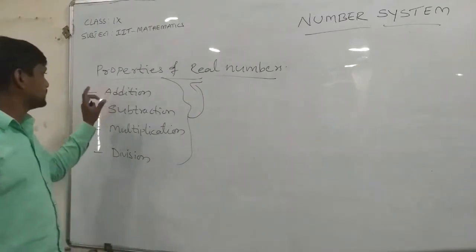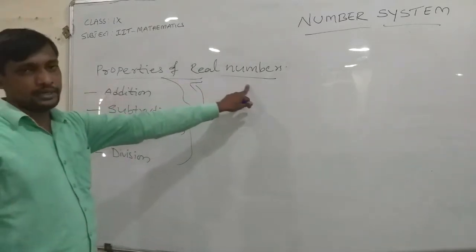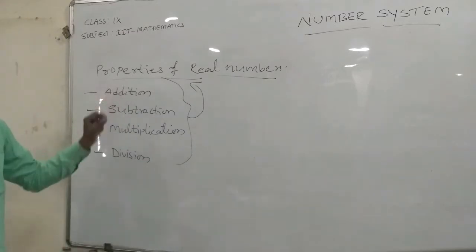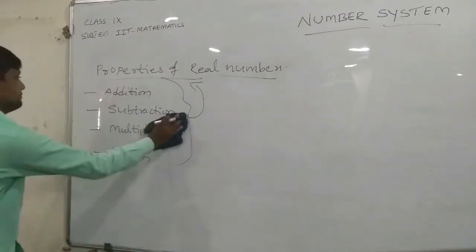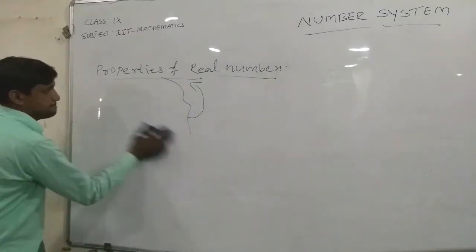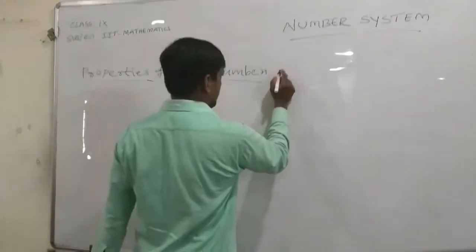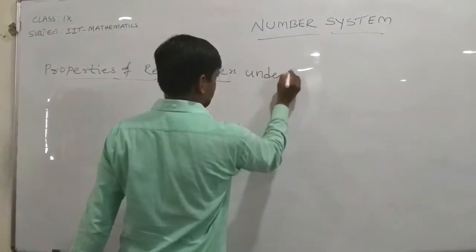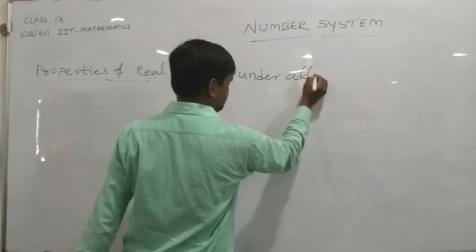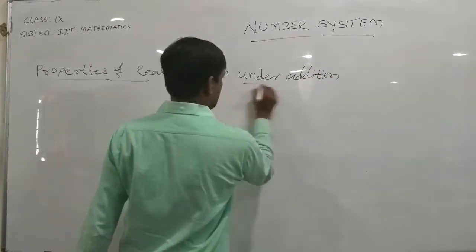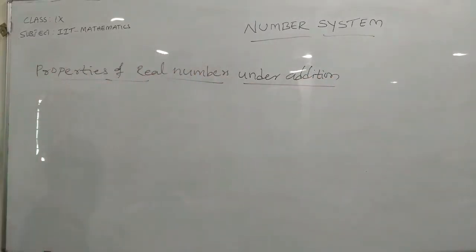So first I am going to take properties of real numbers under addition. So in that first property is closure property.